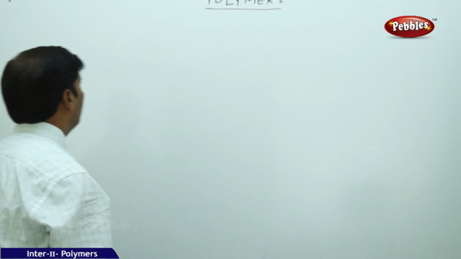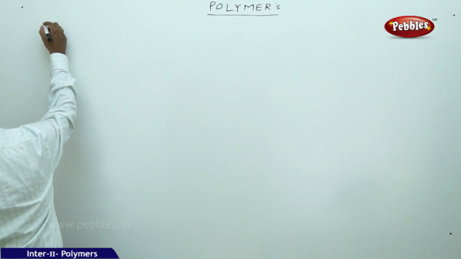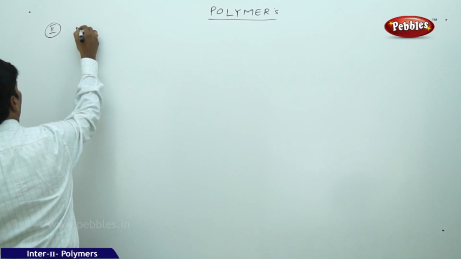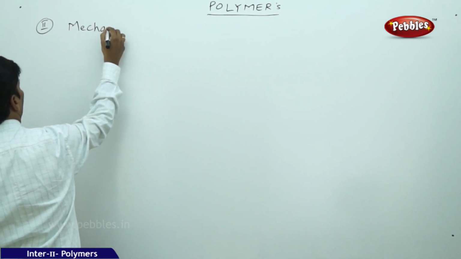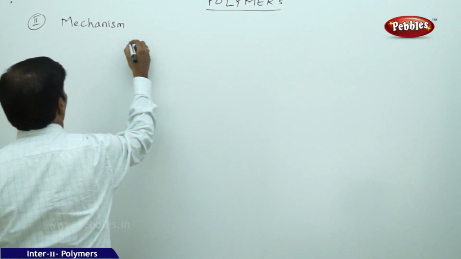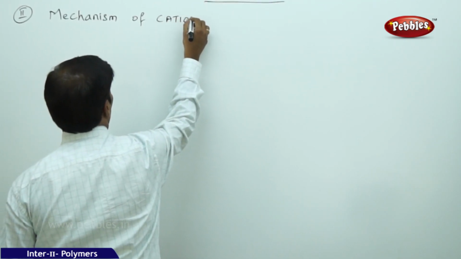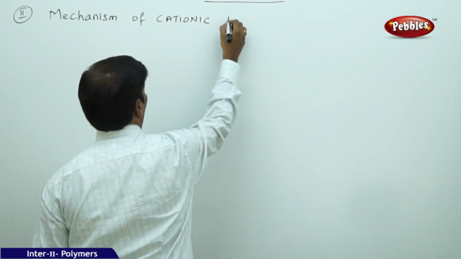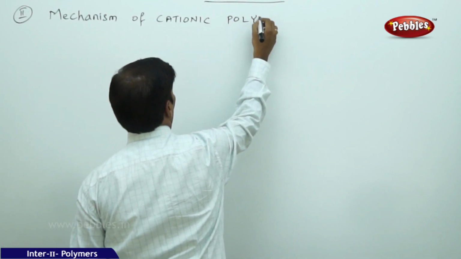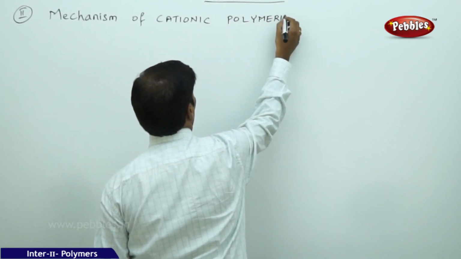Okay, so let us go to the second part of the discussion, that is, the mechanism of cationic polymerization.